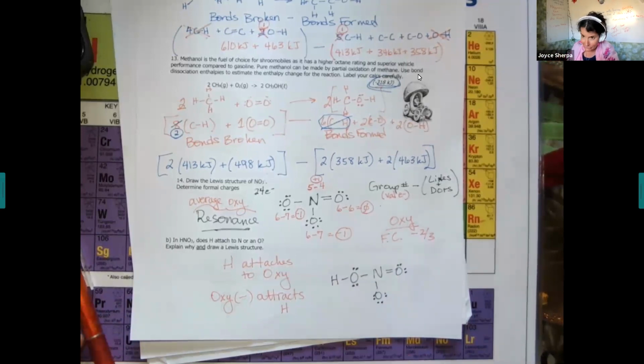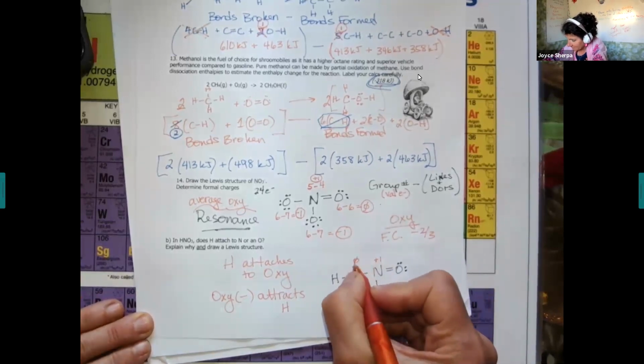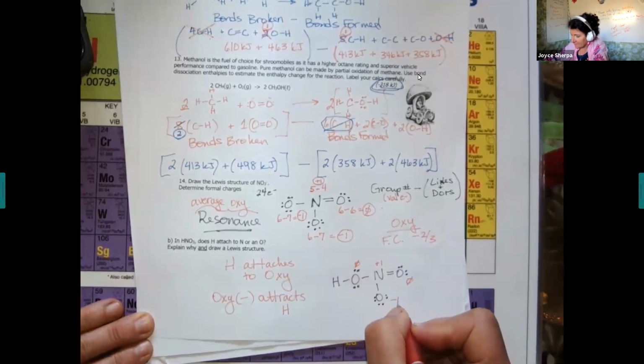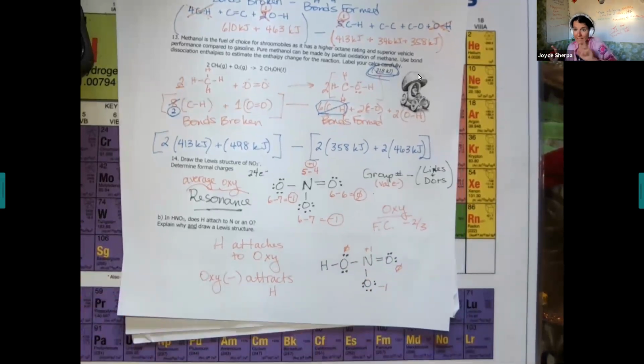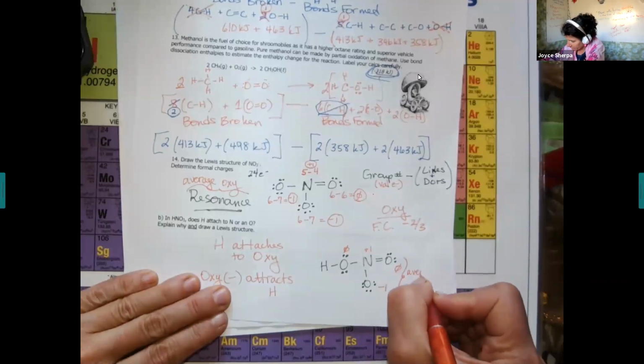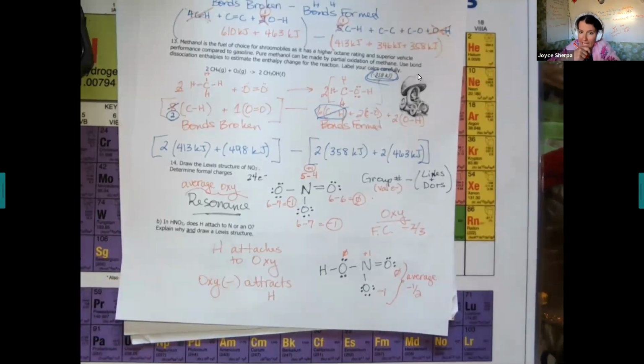So I didn't ask you to do formal charges, but I'm going to do them again. The nitrogen's still +1. This oxygen now would be 0. This oxygen would be 0, and this one would be a -1. However, you would only average these two. The sum of the formal charges must equal the charge of the compound.